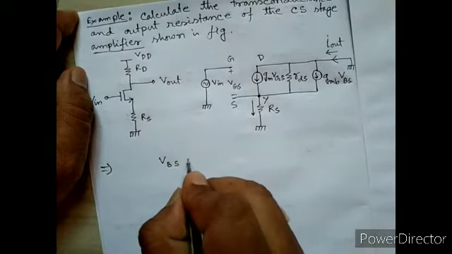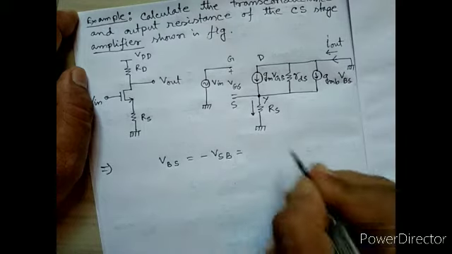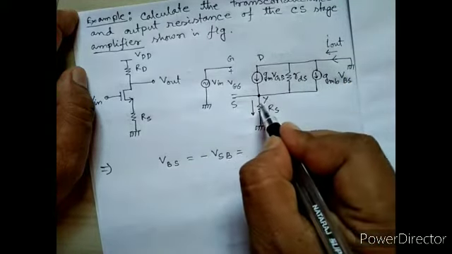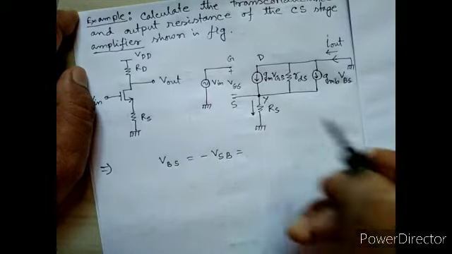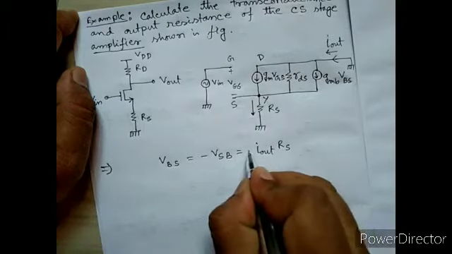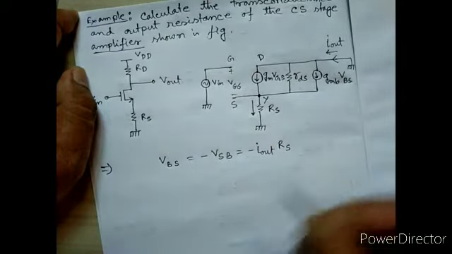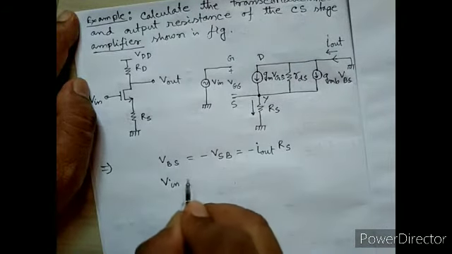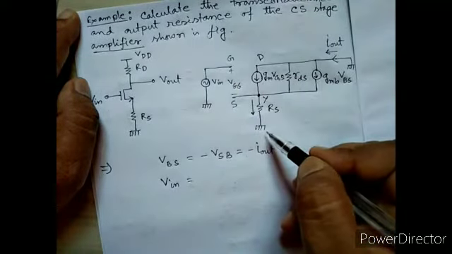So VBS equals minus VSB. The current Iout divides into 3 branches, and these currents add up, so Iout passes through RS. So VBS equals minus Iout times RS. Now the input Vin equals the potential difference between gate and body.